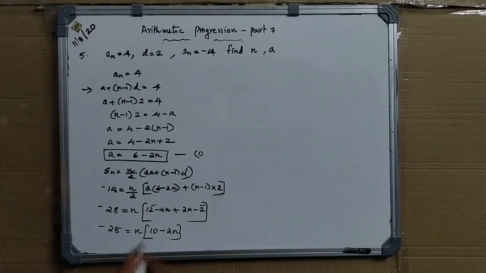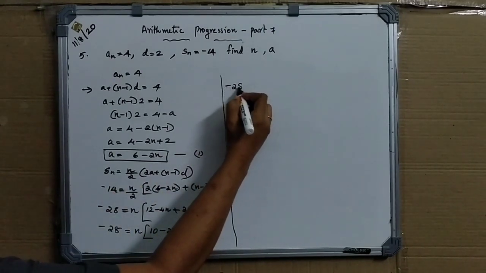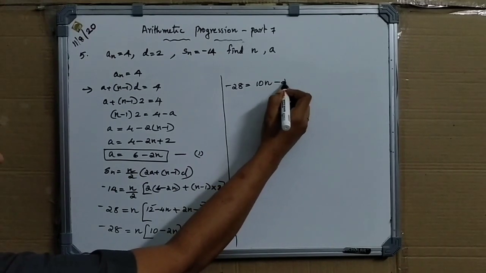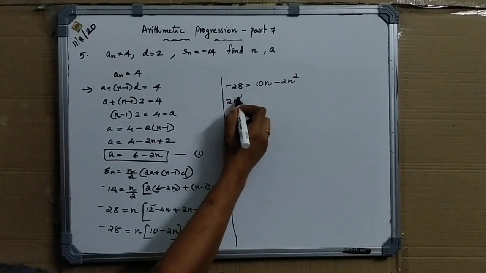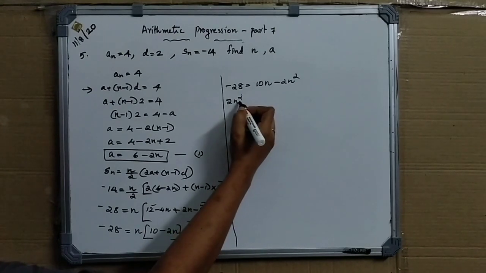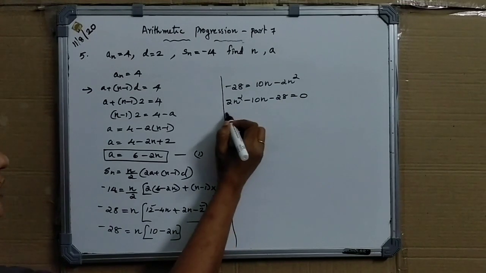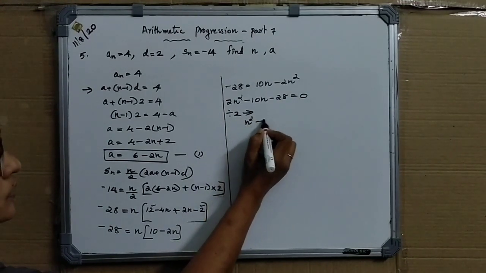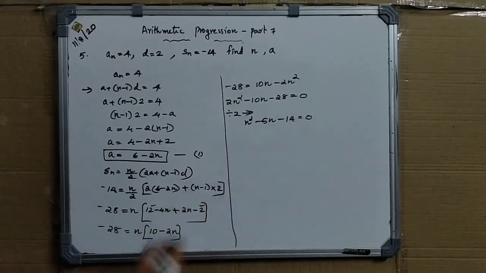So we rearrange the terms, that is negative 28 equal to 10n minus 2n square. If you rearrange, take this minus 2n square to left side, minus 28 equal to 0. Again you can divide by 2, we get n square minus 5n minus 14 equal to 0.